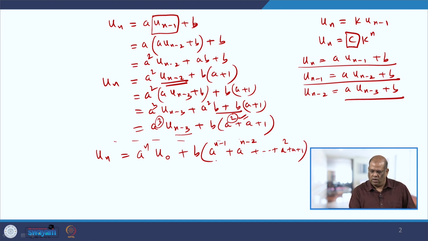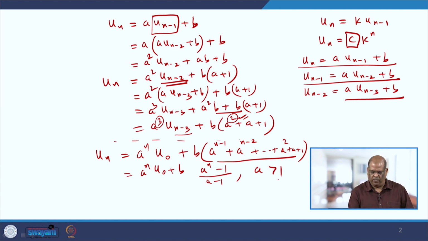Now, this is a known series, a GP series, and the sum of this is a to the power n minus 1 by a minus 1, provided a is greater than 1, and this equals a to the power n u0 plus b times 1 minus a to the power n by 1 minus a when a is less than 1.